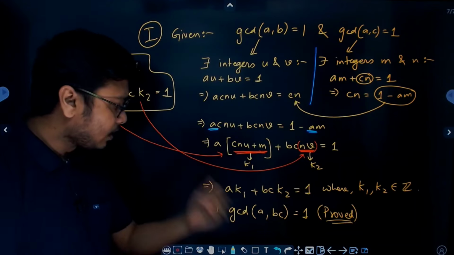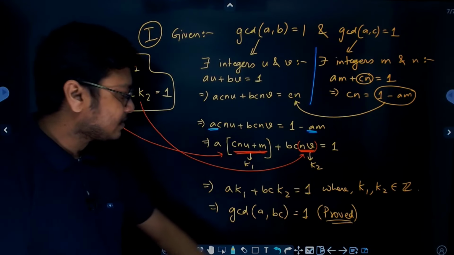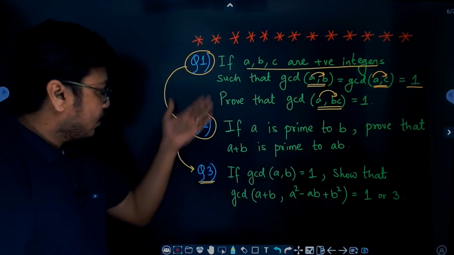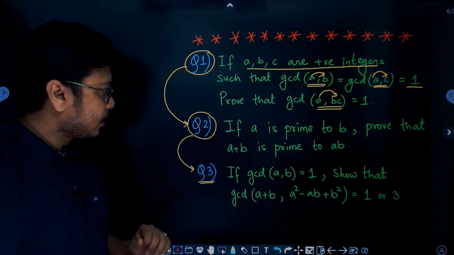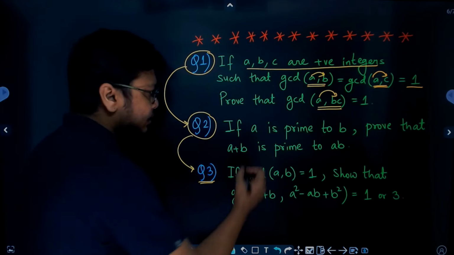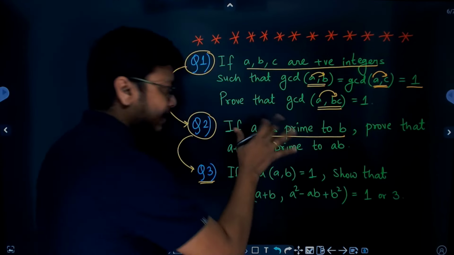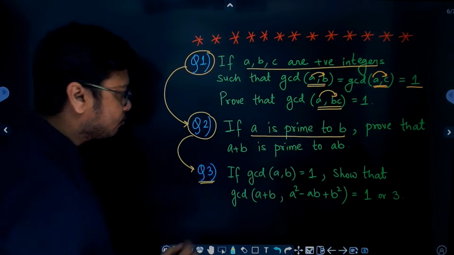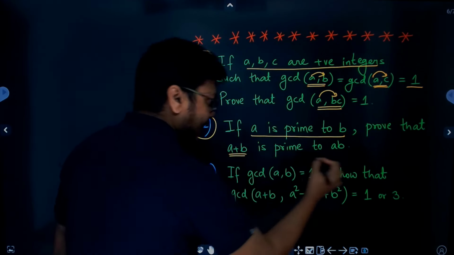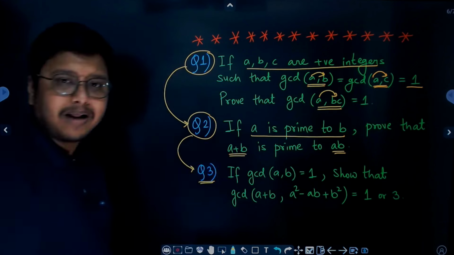Now let's roll back to the previous slide and see what the second question is demanding. The second question is saying that if A is prime to B, I need to prove that A plus B and A into B are still prime.